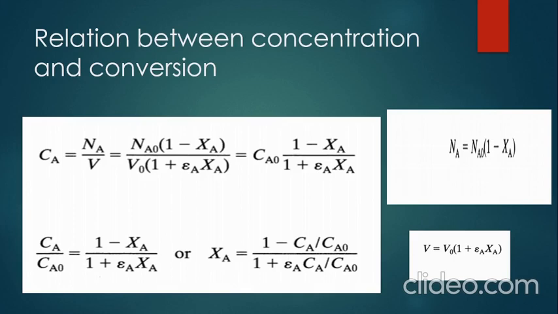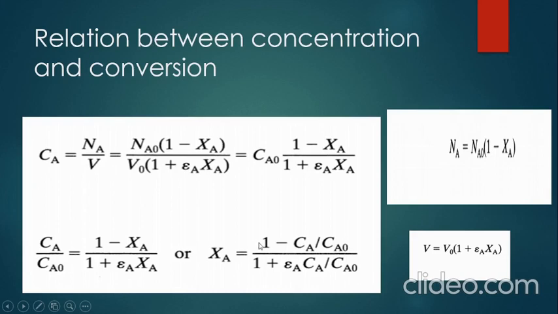Simply substituting these two values, we get CA equal to NA naught 1 minus XA over V naught 1 plus epsilon A XA. We know that NA naught over V naught is equal to CA naught, so we replace it.